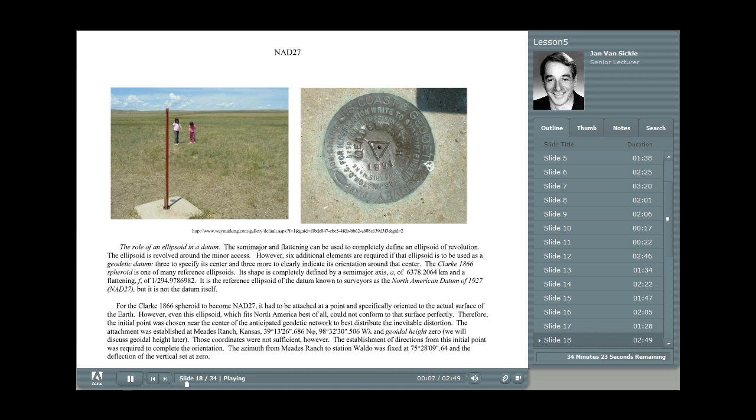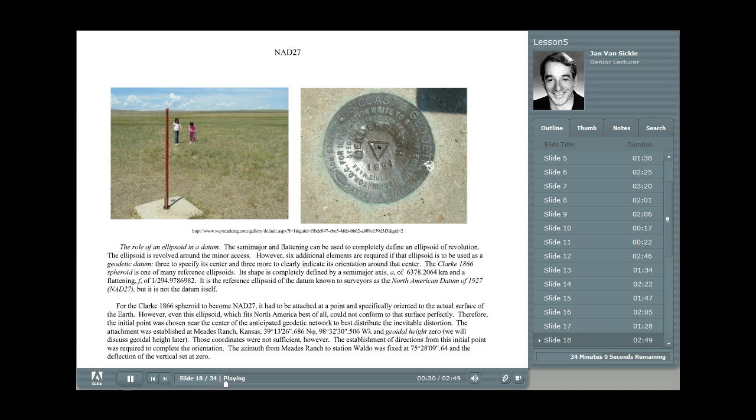Of course, the next question, once an ellipsoidal model is established at the correct size, or close to the correct size for the planet, is how do you attach it to the Earth? What's the origin?